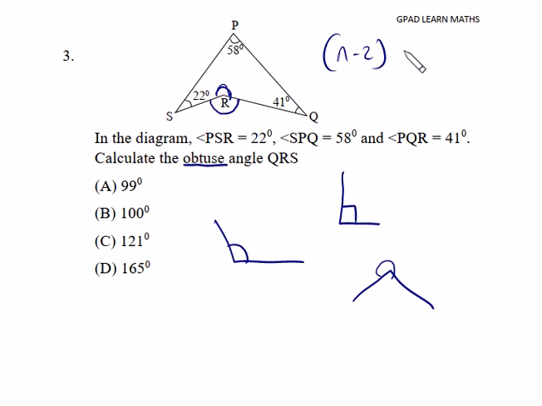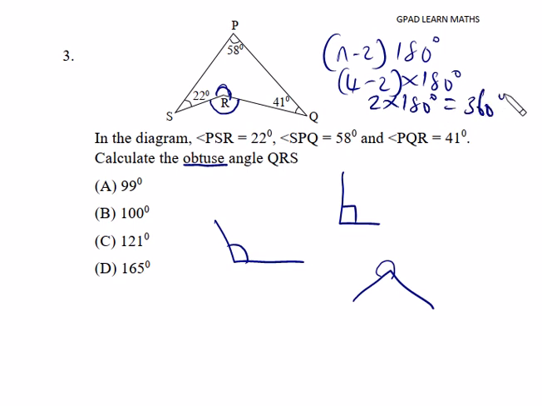The formula is n minus 2 in bracket times 180 degrees. So to find the sum of angles here, that will be 4 minus 2, because it's 4 sides, times 180 degrees. 4 minus 2 is 2, and 2 times 180 is 360 degrees. So that is why I told you before that the sum of the angles of a 4-sided shape is 360 degrees.